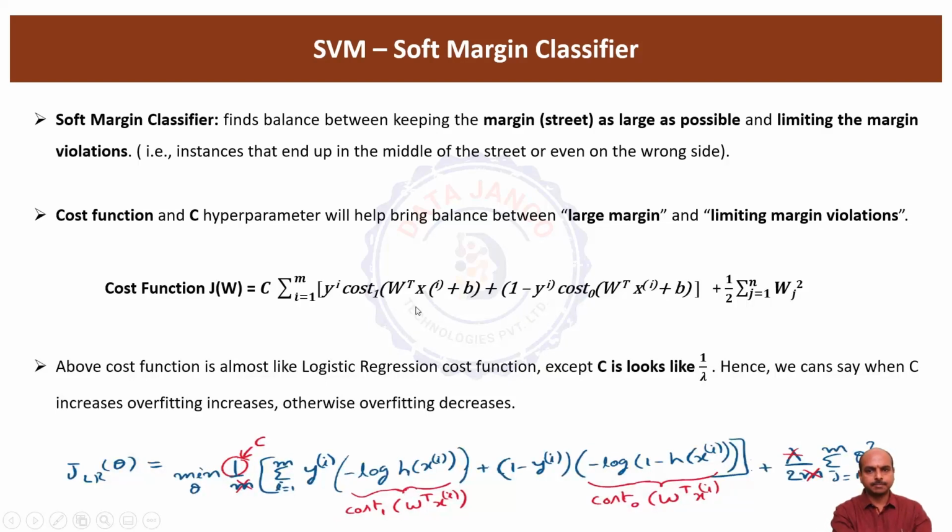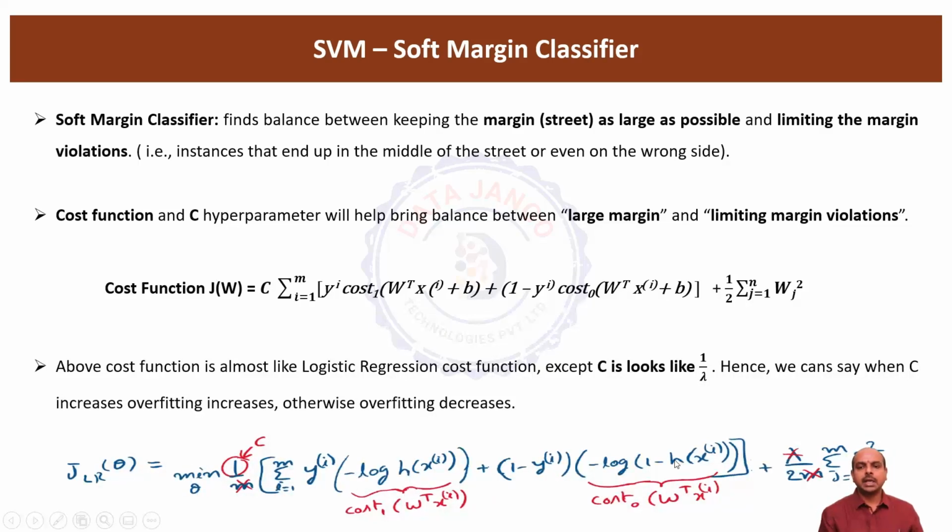They look similar, but the lambda hyperparameter, the shrinkage parameter, multiplies the regularization term in logistic regression. But in SVM, the hyperparameter multiplies the cost function. So if you imagine that C is equal to 1 by lambda, it works like logistic regression.